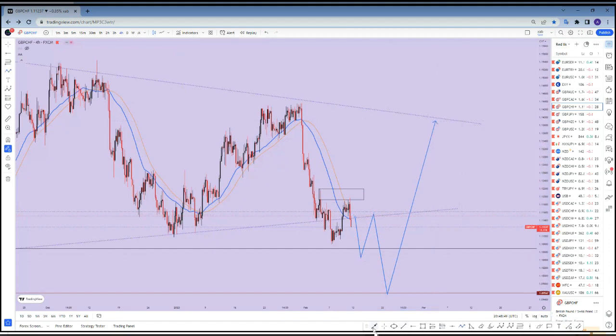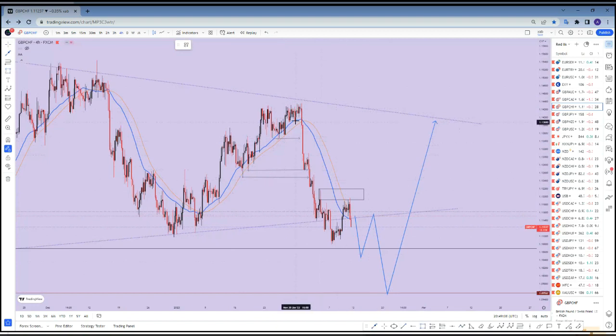Most probably. Why is this? Because we've got a break of structure, and several other blocks yet to be retested.